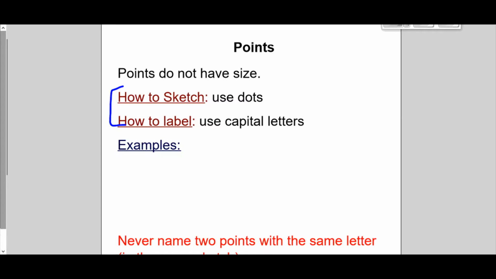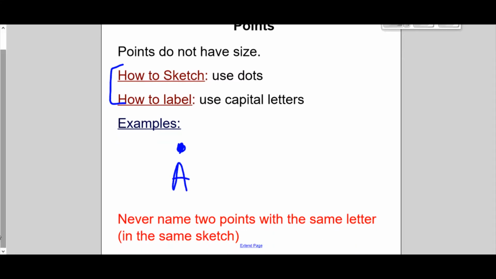So some examples of points would be this. I could use a dot and I could say this is point A. Another example might be point B. But one thing we don't want to do, if we're looking at the same sketch, is have two points that have the same name.